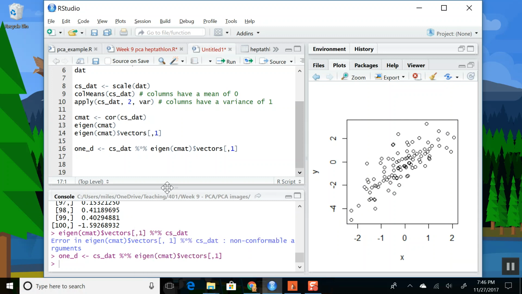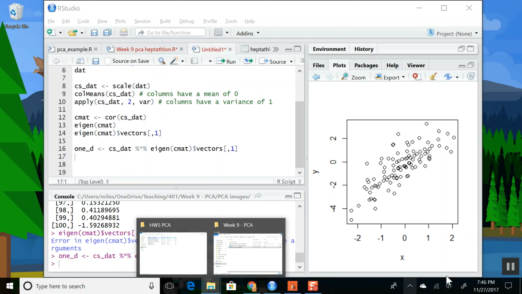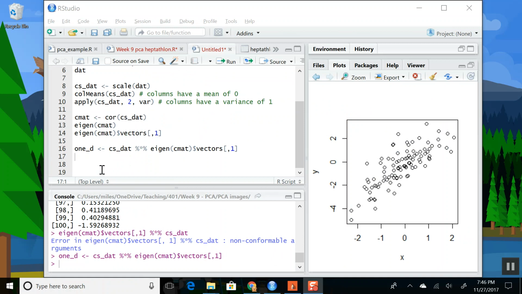To go back to the original form, we take our one-dimensional data and multiply it back by the transpose of our eigenvectors.